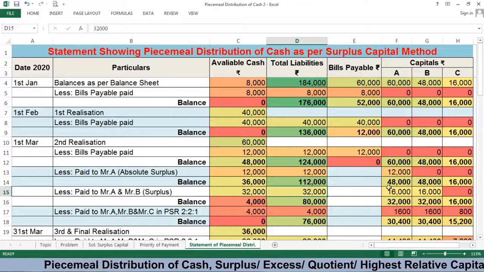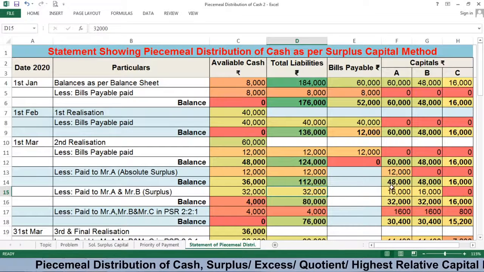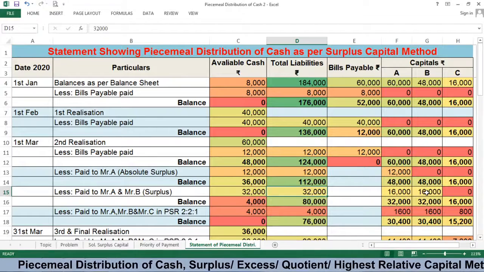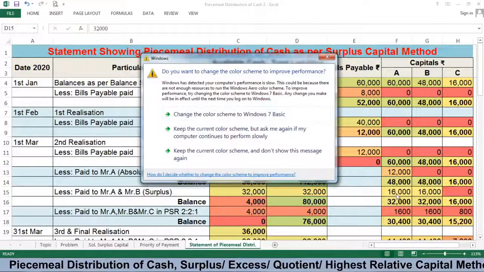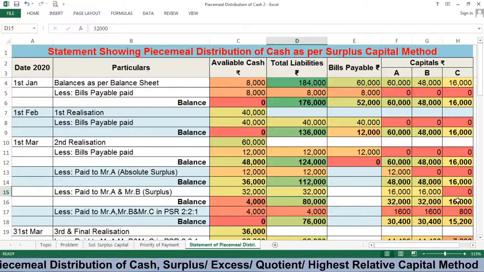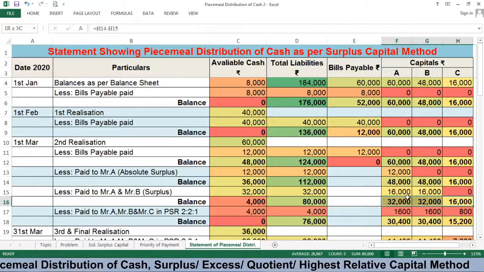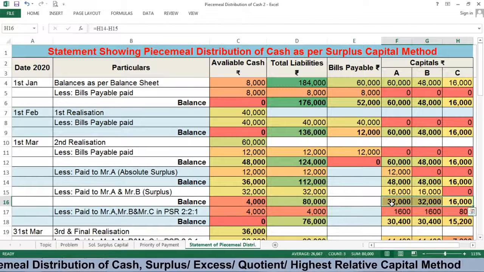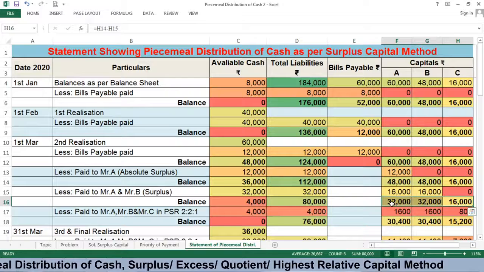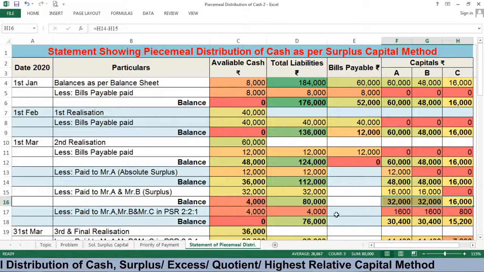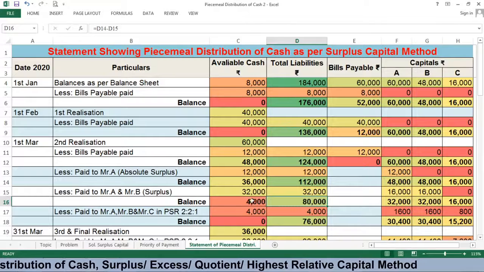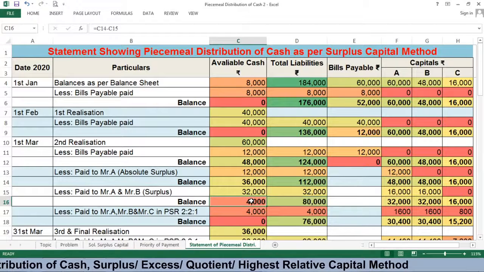Our capital balances will be reduced by 16,000 each for Mr. A and B, that is 48 minus 16 comes to 32, 32 and 16,000. So still we have to pay 32 plus 32 plus 16, that means total amount we have to pay 80,000, which is our total liability. In our hand we have cash of rupees 4,000 only.